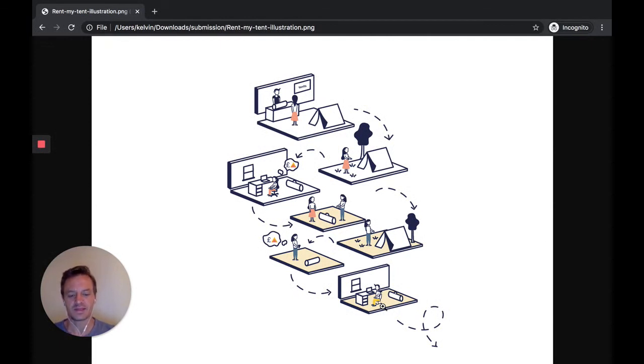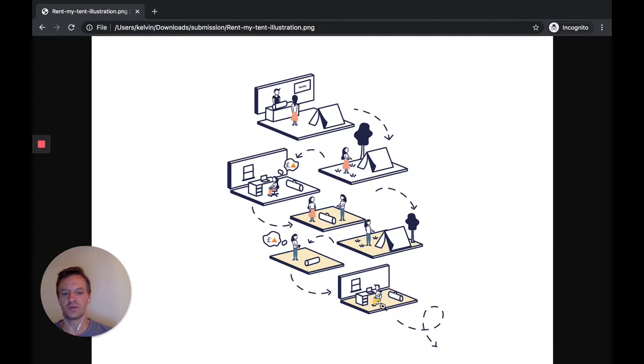And we power this incentive a bit like a deposit return scheme. You'll be familiar with deposit return schemes because you might buy a bottle of Coke from the supermarket and 10p of that cost will be returned to you when you return the bottle. Rent My Tent works in a much similar way, where the person who's hiring the tent pays the seller, but they also lock up a deposit.